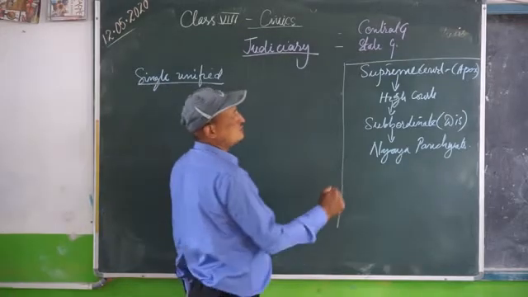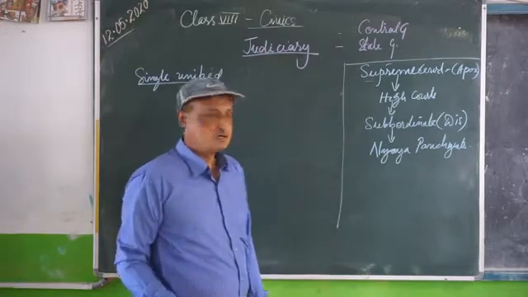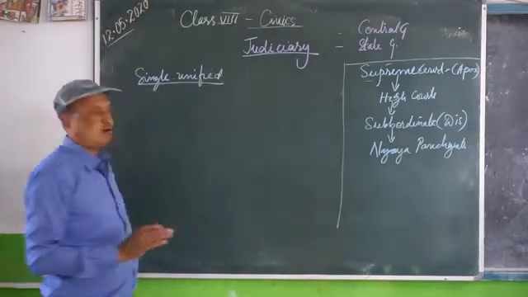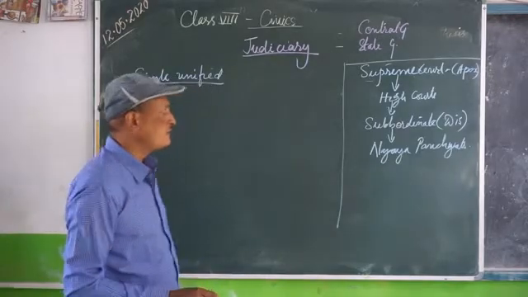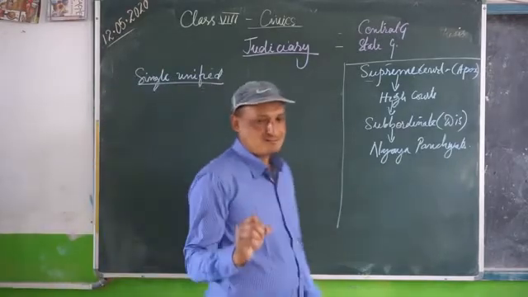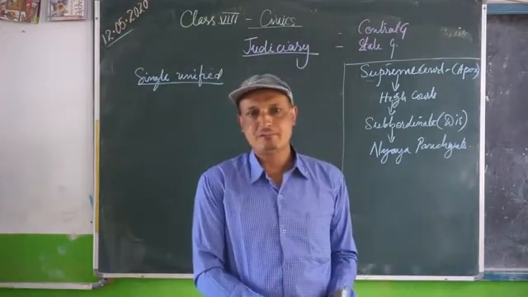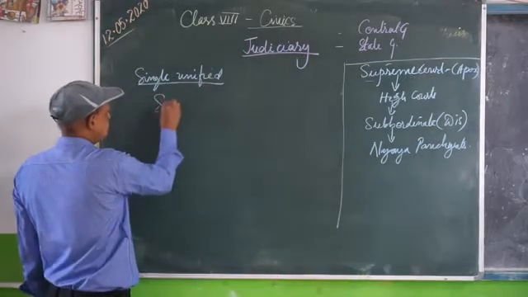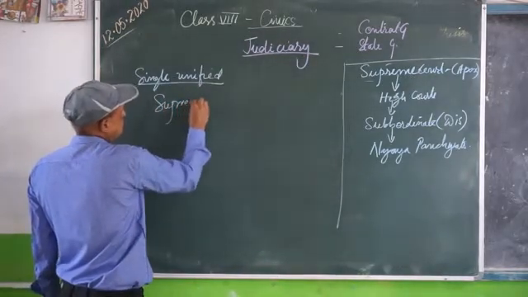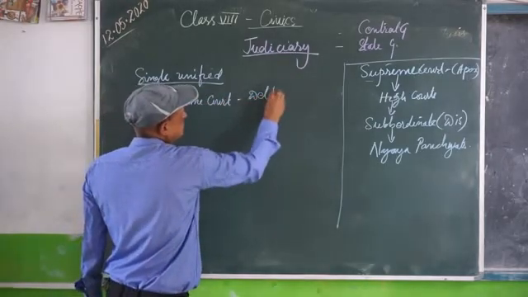Today we'll just learn about the Supreme Court, its composition and the qualifications of the judges and the Chief Justice of the Supreme Court. At the same time, we'll be studying about one function of the Supreme Court. The Supreme Court of India, being the highest court, is situated in Delhi.